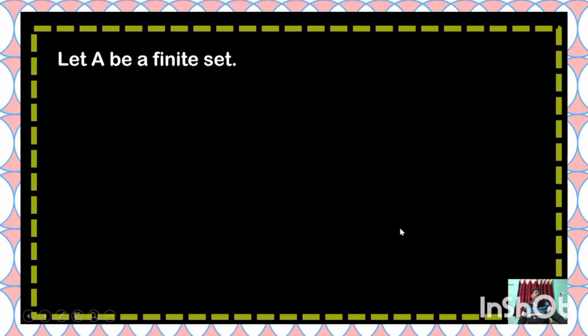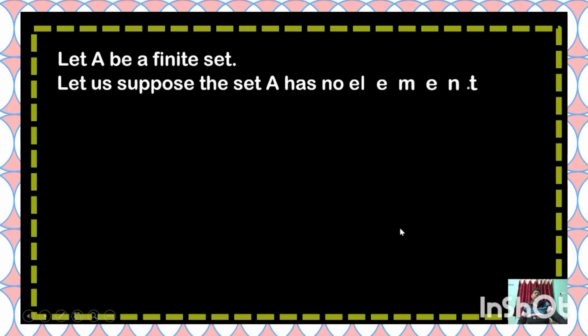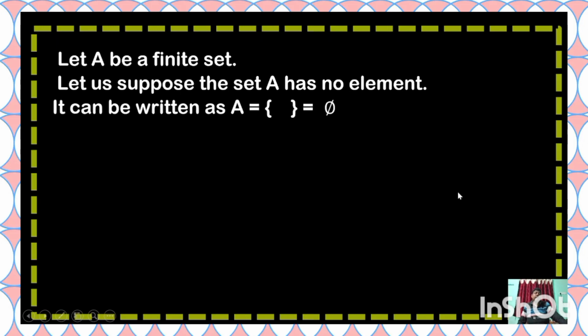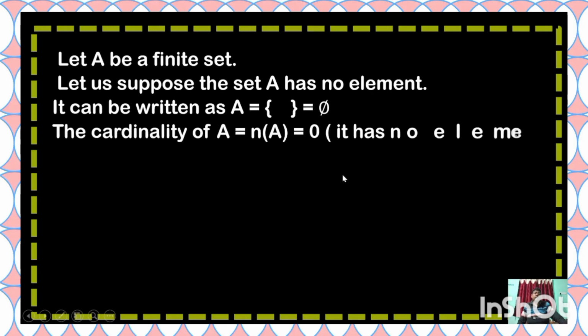So let A be a finite set. Let us suppose the set A has no element. It can be written as A equals the null set, because of no element. Thus the cardinality of the set A, which is n of A, is 0, because of no element.